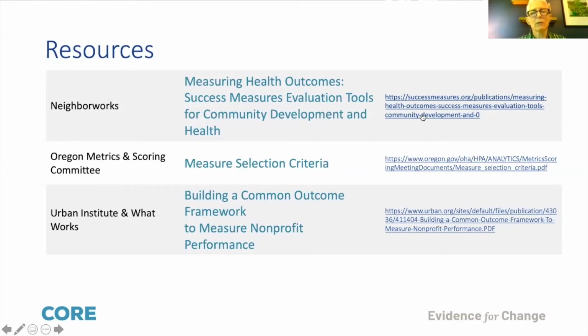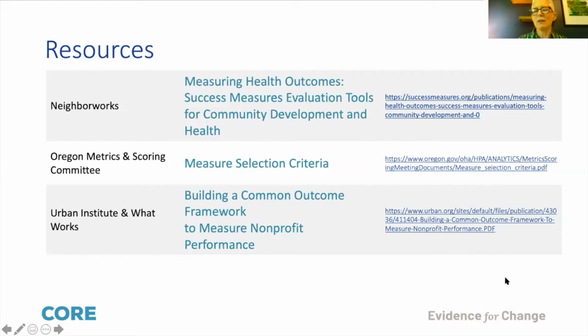That one on the bottom, the Urban Institute one, is a little bit old. I think it's maybe from before 2010 even. So some of the example measures in there are a little bit old, and I'm not sure that anyone these days would be down with a common outcome framework to measure nonprofit performance. It just seems a little overly broad.